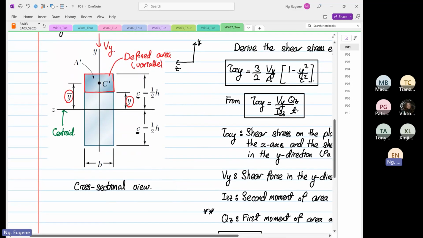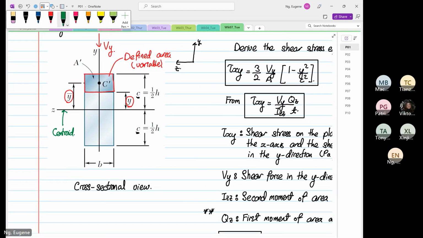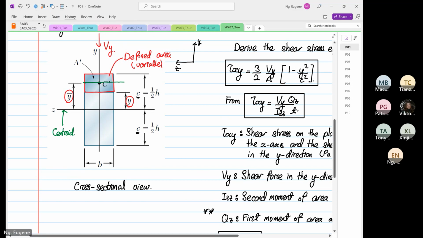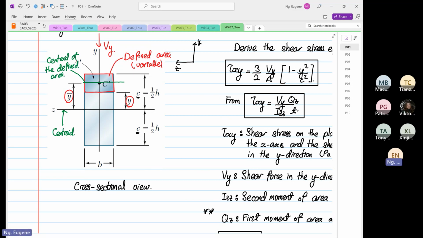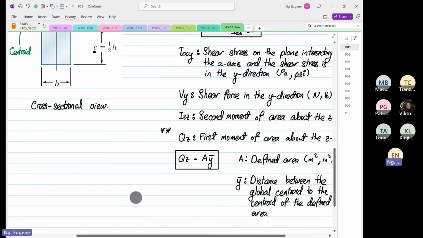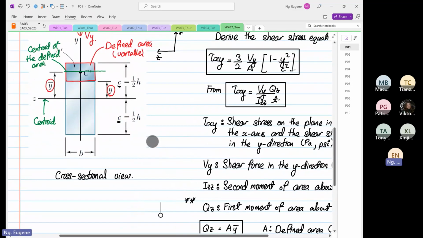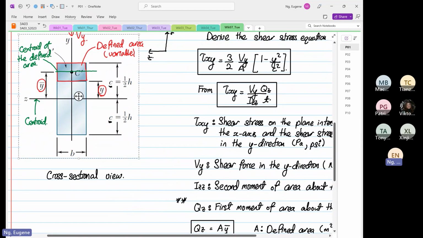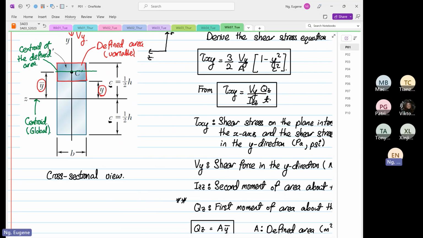This is the centroid, I'm going to draw in green, of the defined area. Again, it's a variable, and it is the distance between the defined area and this centroid where I draw in Z. This is the global for the entire structure.